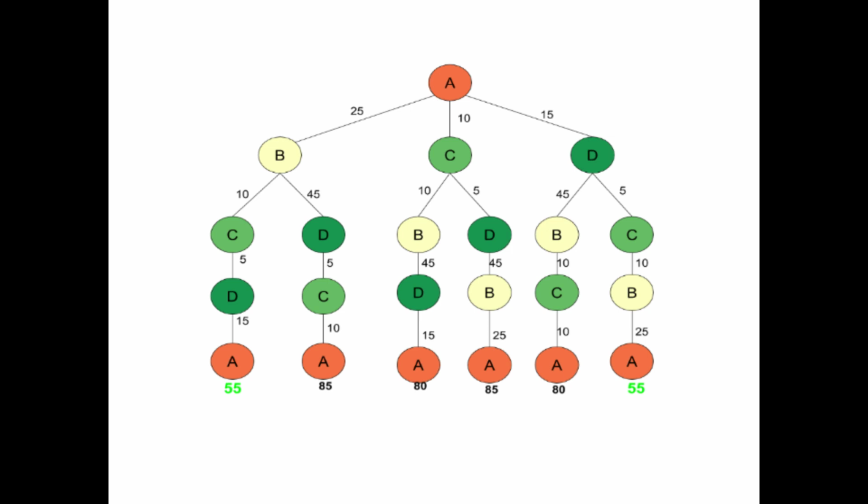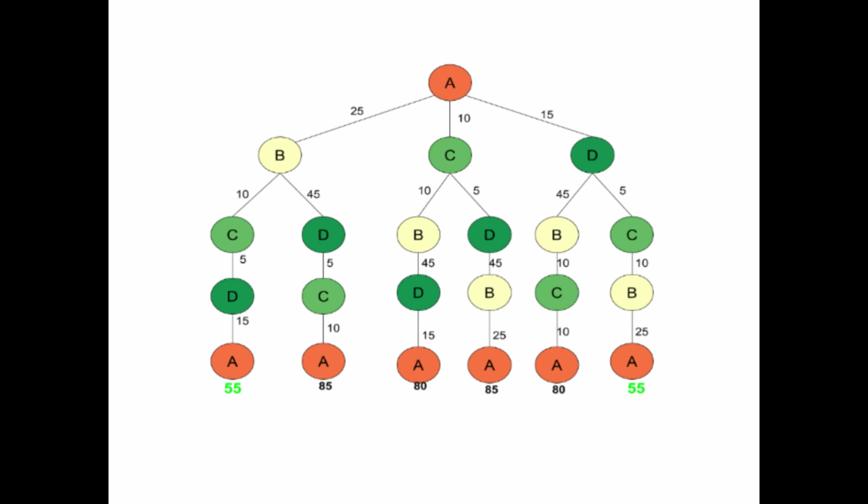Now we will start from vertex A again. From A to B the cost is 25, B to A the cost is 25. If you add the total cost of this path, we will get 55 here. Then if we add the cost from A to B, B to D, D to C, C to A, the cost is 85.